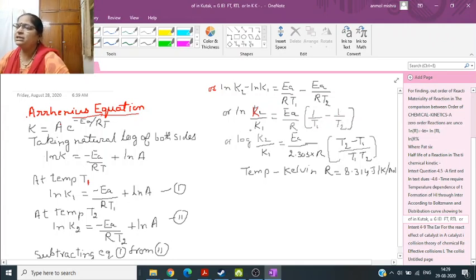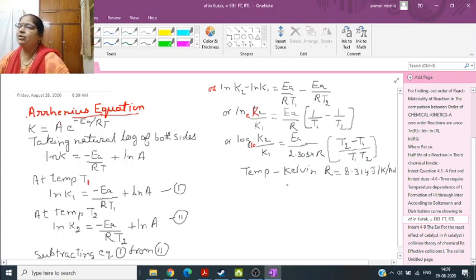Now changing the base from base e to base 10, we write log. So log K2 by K1 is equal to Ea by 2.303 R into T2 minus T1 upon T1 into T2.